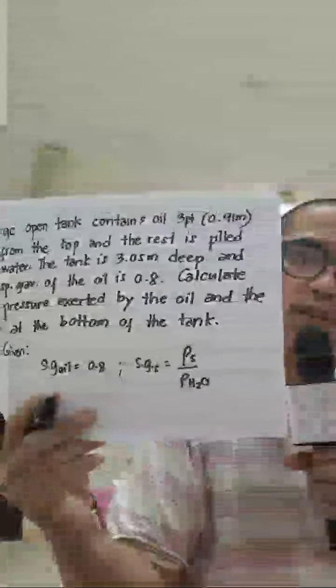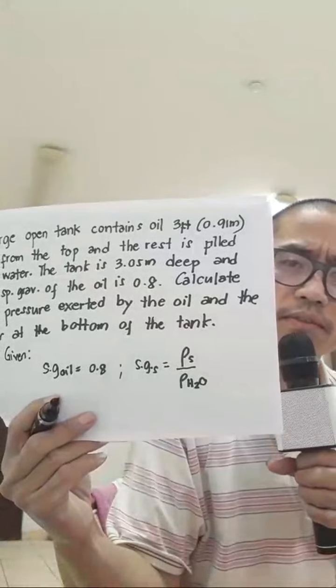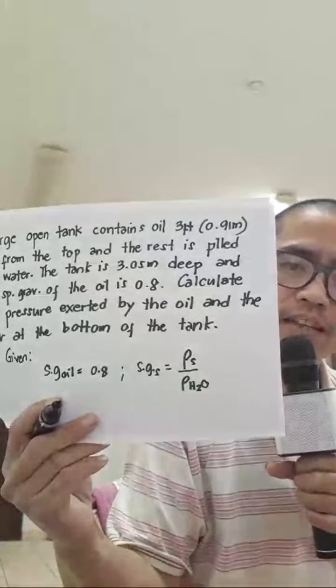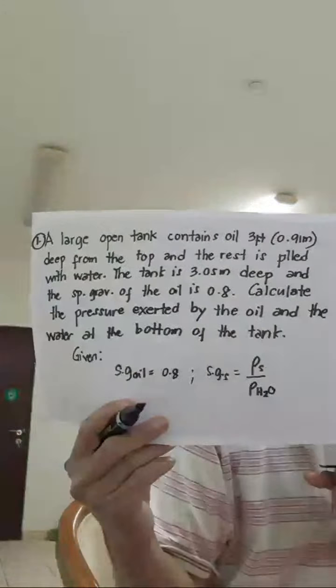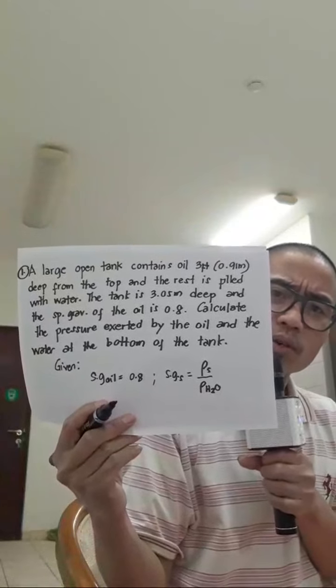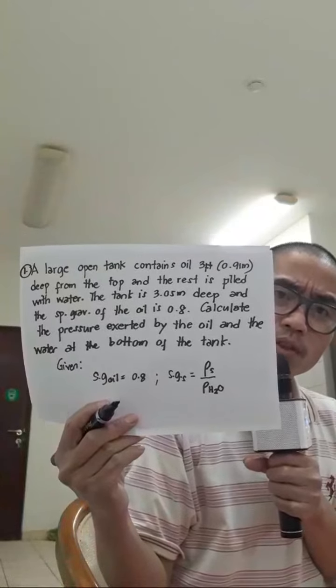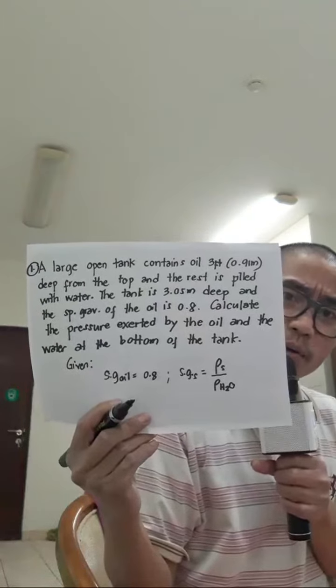Here, the substance is oil, so the specific gravity of oil is equal to the density of oil over the density of water. In the problem, the density is not stated, but we use the standard value for pure water at 4 degrees Celsius, which is 1000 kilograms per cubic meter.